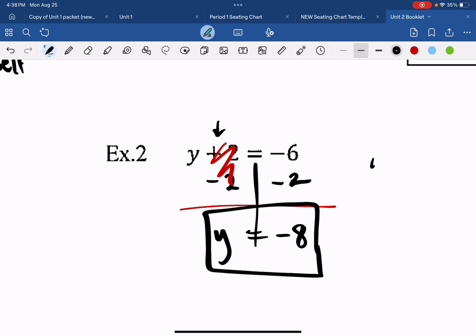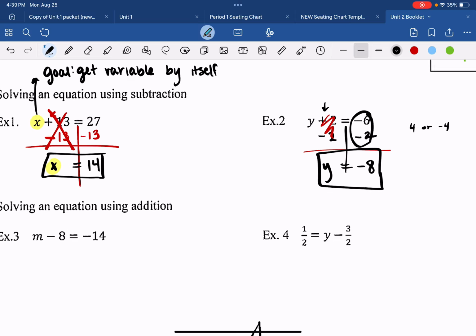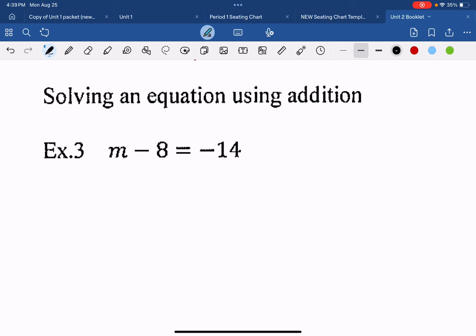If you got 4 or negative 4, make sure you're careful here with negative 6 minus 2. Use your calculator. If you type that in your calculator, it's really 6 plus 2, but we're dealing with negatives, so it's a negative.